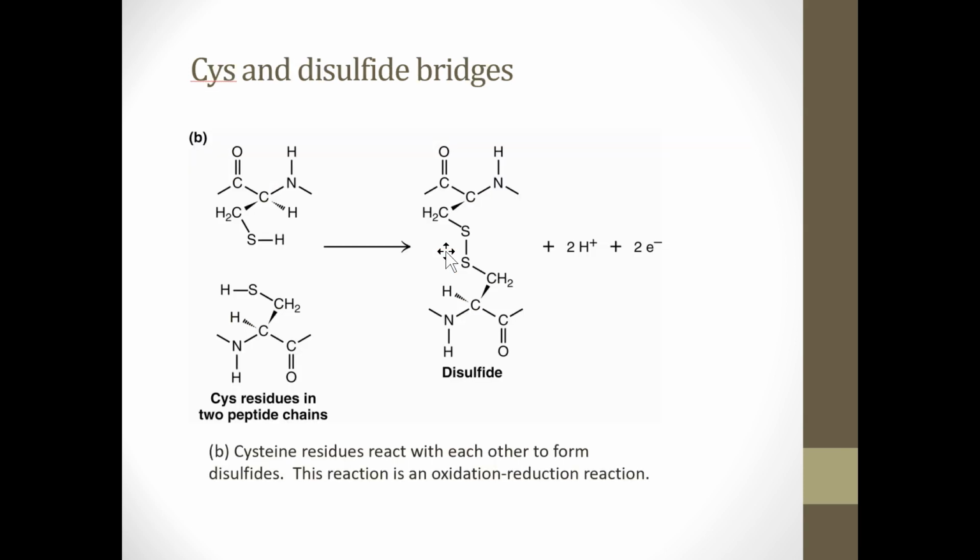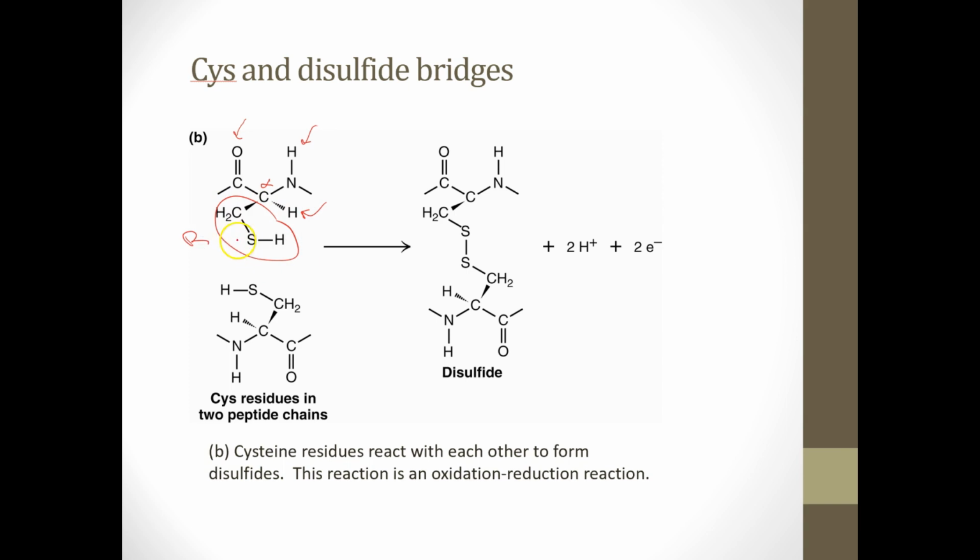So going back to our cysteine and the disulfide bridge, this is what it looks like. So this is a cysteine where we have our alpha carbon. This is part of the polymer. Our carboxylate, our amino group, our proton, and the R group for cysteine.